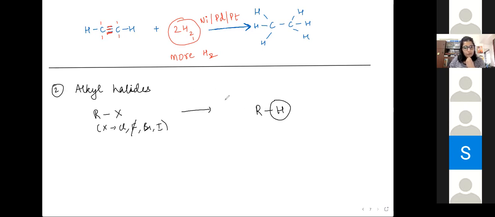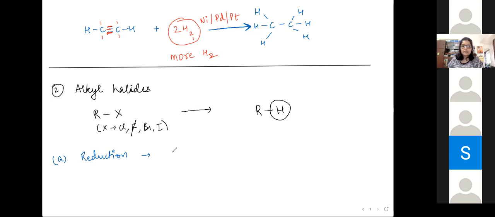So there are a lot of ways to do this. The first way to do it is one, direct reduction. So reduction reaction, addition of hydrogen. You're literally adding an extra hydrogen here in place of the halogen here. There are a couple of reagents you can use.